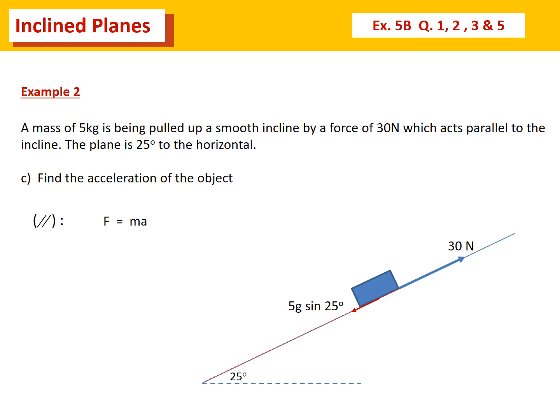So if we use resultant force equals mass times acceleration, then 30 minus 5g sine 25, that's the resultant force, equals the mass 5 times the acceleration a. And if we divide both sides by 5, we find that the acceleration is 1.86 meters per second squared.